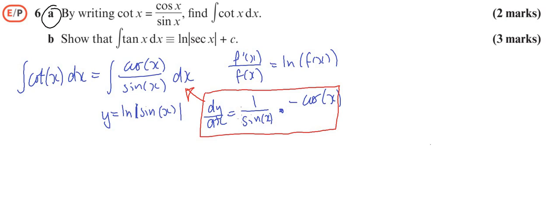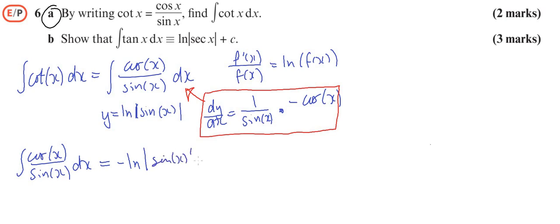The only difference between this derivative and what I've got is that it's minus. So instead of being ln sine of x, the integral of cos x over sine x dx is ln of sine x plus c.